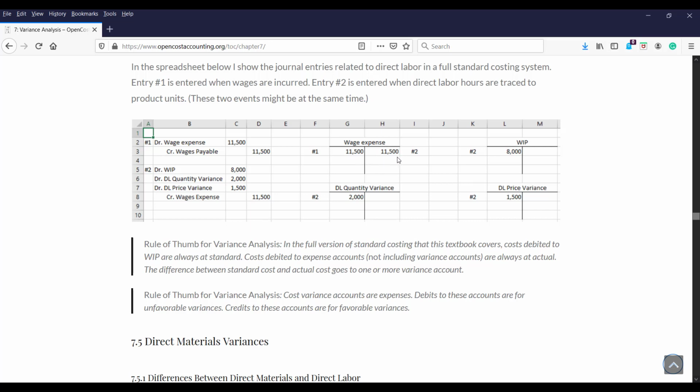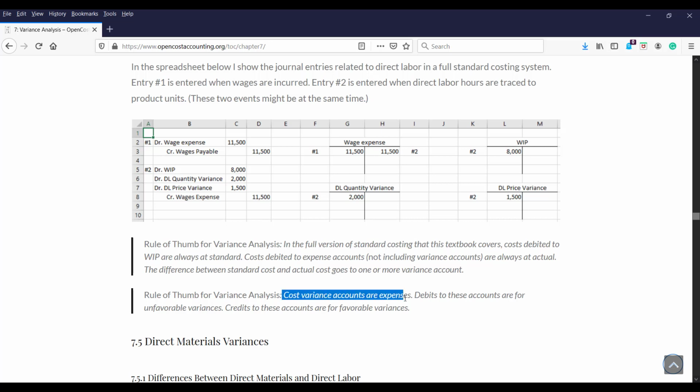And likely this will have a different coding in your ERP, so that if you wanted to, you could just look at the debits to your expense accounts without the flow through amounts, to figure out the total amount of expense if you really were looking for that number. But at the end of the period, this is already zero, because we passed all the wage expense through. The standard amount of it has gone to WIP, and then the two variance amounts have gone to the separate expense categories.